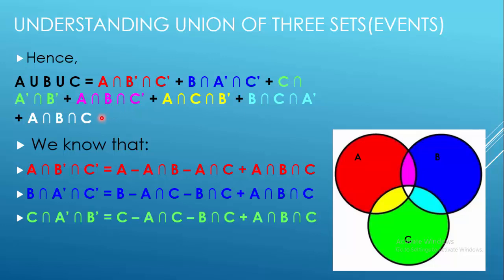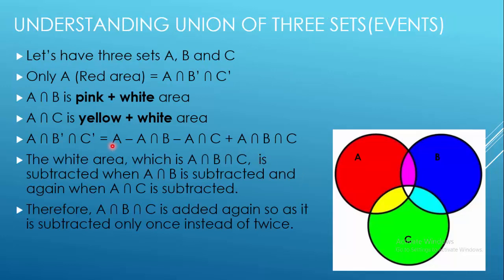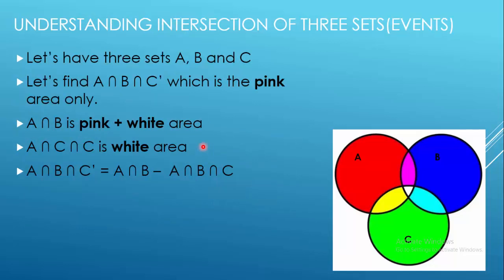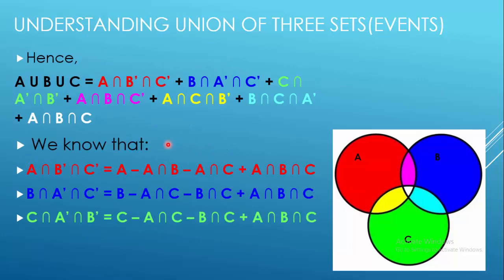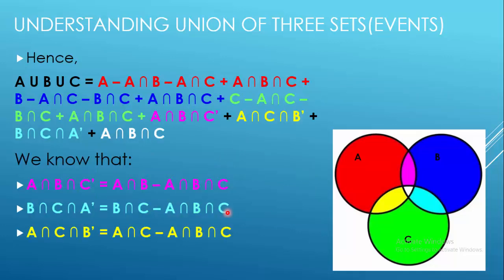After getting this equation, we are going to replace A intersection B intersection C with this value: A minus A intersection B minus A intersection C plus A intersection B intersection C. We have found it over here, and I have explained how you get this one. So we replace these three terms with these three terms, and what we get is this equation.